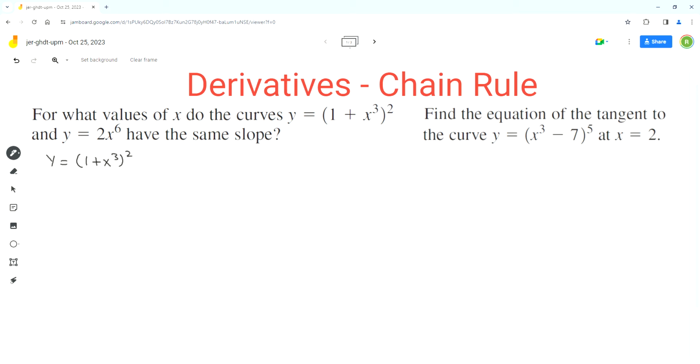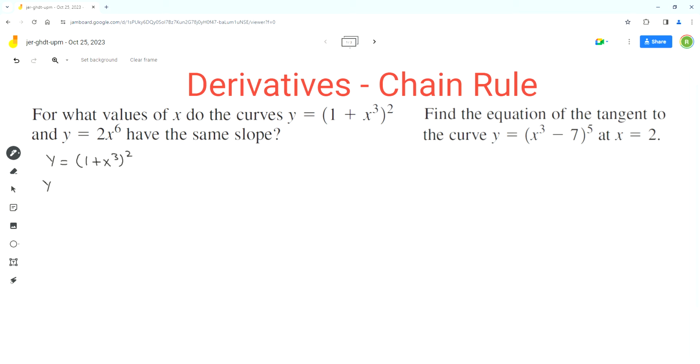So the first step here is to find the derivative of this function, and for this function we'll have to use chain rule because this function has an inner function which is 1 plus x cubed and the outer function is the exponential function with exponent 2. So we start with the derivative of the outer function.